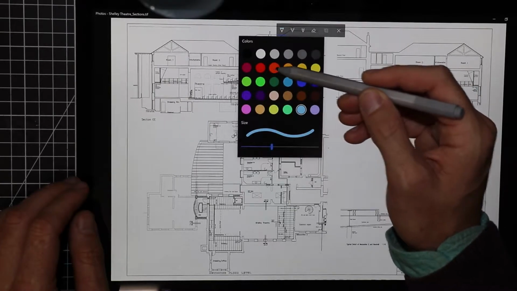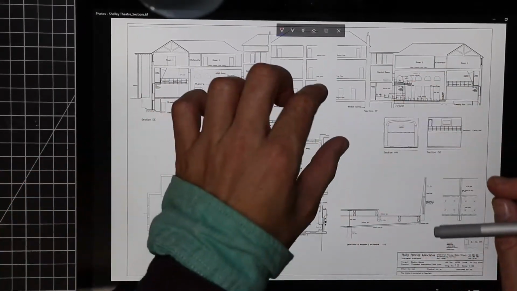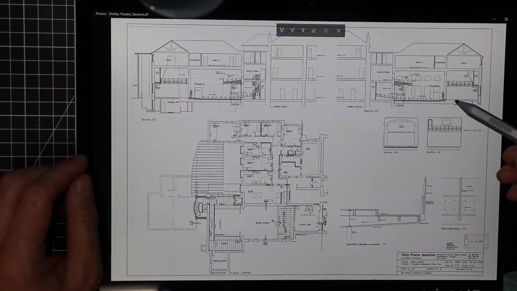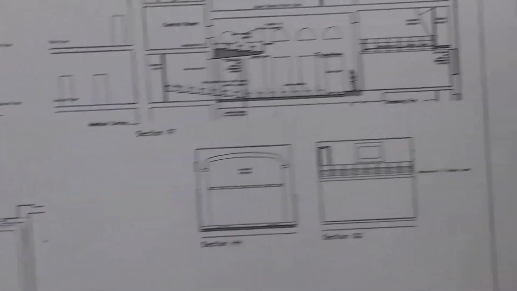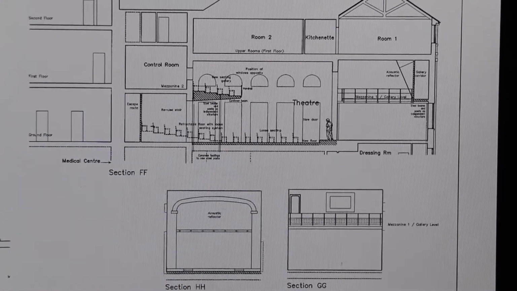Let's try and annotate this a little bit. Alright, so you can't zoom, which is a bit of a shame. So, can I zoom the camera? Yeah, so we've got this archway.